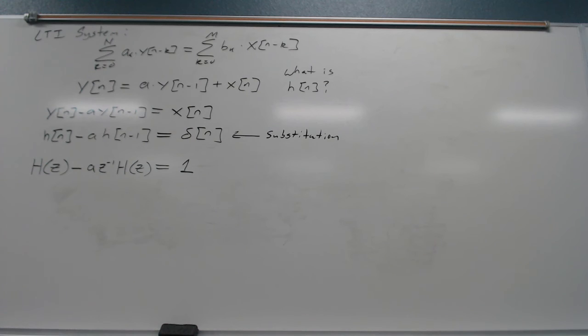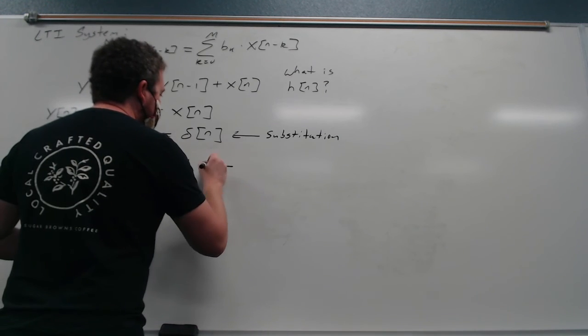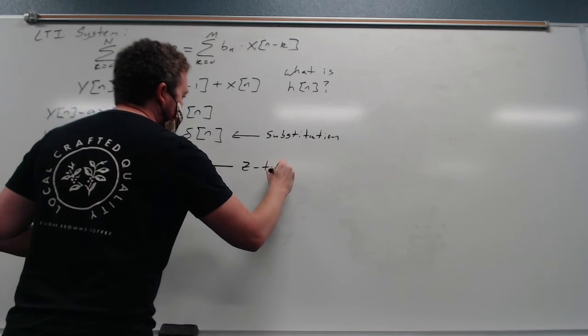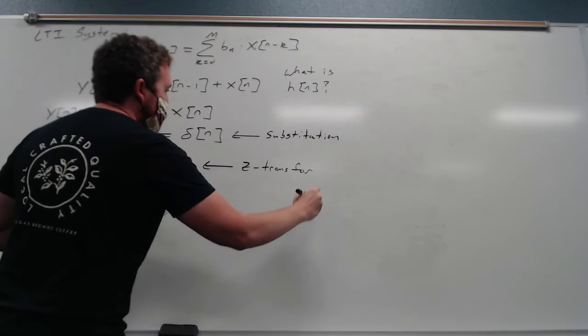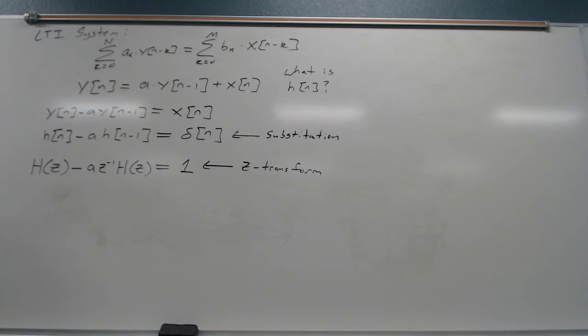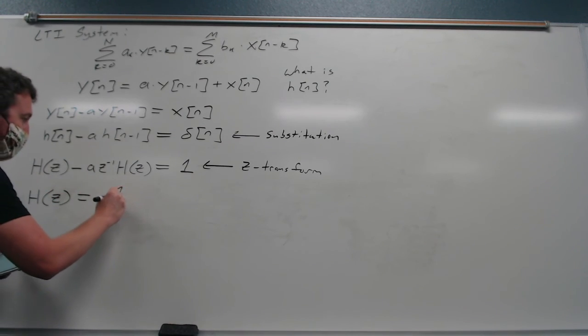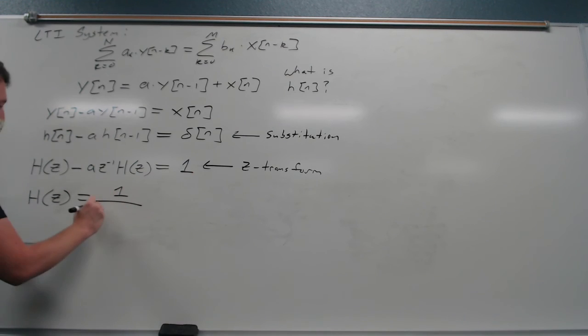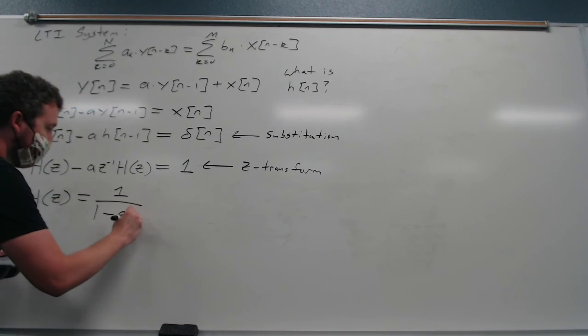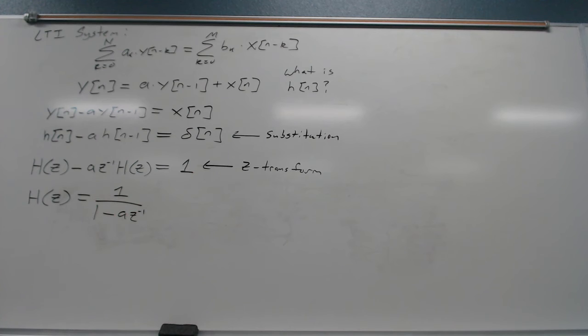Now we solve for H of z. Let's just say that that's our z transform step. Now we solve for H of z. That'll give us what? H of z is equal to 1 over, look at that. It's almost like we planned it out this way. 1 minus a times z to the negative 1.